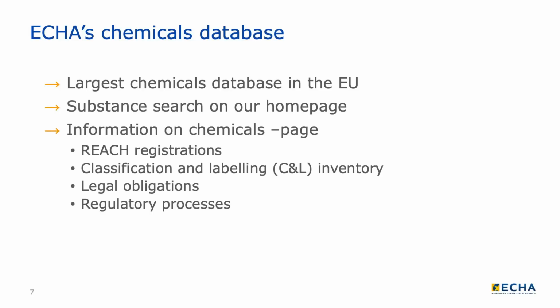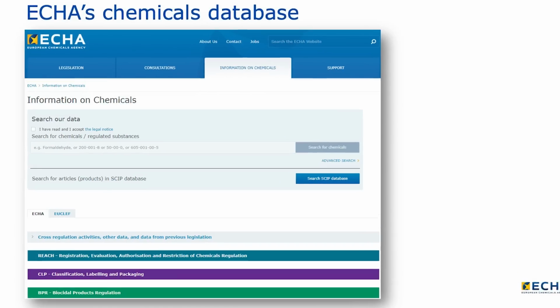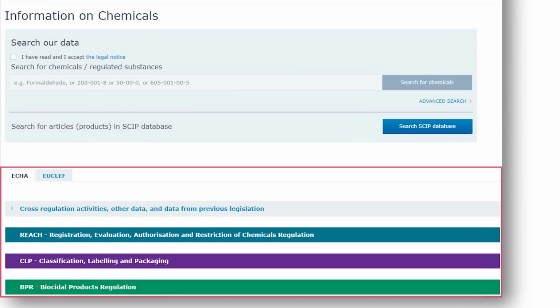You can access the database through the substance search, which you can find on our homepage and also on the Information on Chemicals page. On the Information on Chemicals page, in addition to the search, you can directly access the regulatory content by topic as seen in the bottom part of this screen.